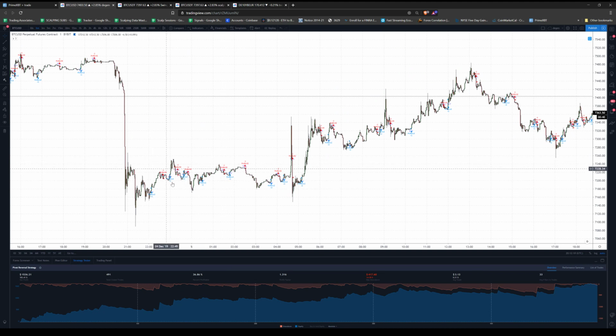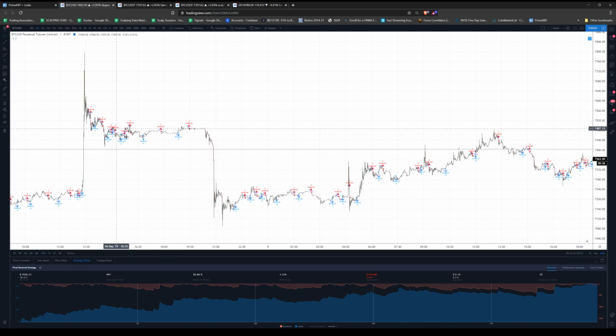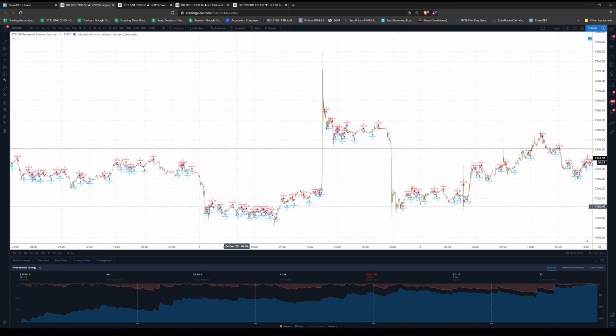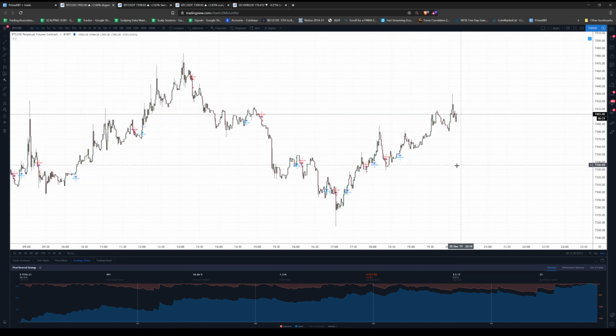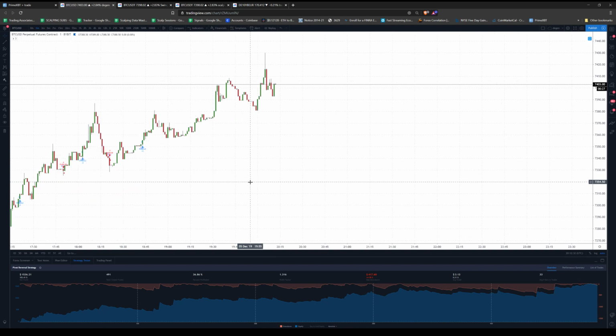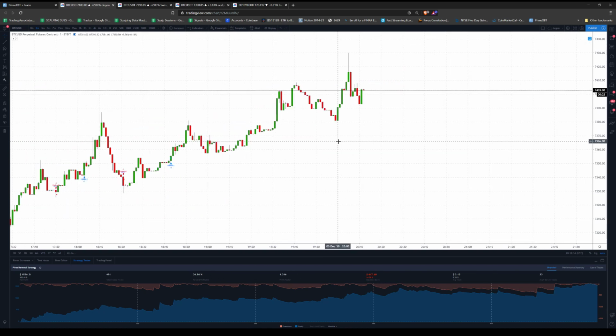Right? Strategy gets destroyed in this. It gets destroyed up here. It gets destroyed down here. Whenever you're entering sideways markets like this, you kind of want to avoid using it. Or you can just use it anyways and just deal with the drawdown. It's completely up to you.